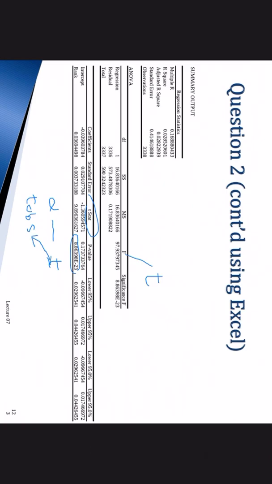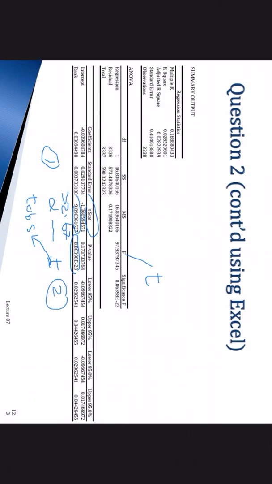If you go to the T table, you will find that for 1% level of significance, when sample size is really large, the critical value will be around 2.76 or something like that. So this T value is greater than that critical value, so your conclusion will be to reject the null hypothesis. That's one way to do hypothesis testing.